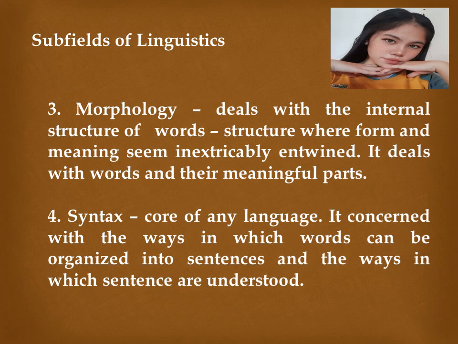So number four is syntax. Syntax is currently often seen as the core of any language, although such a prioritizing of syntax is relatively new. Syntax is concerned with the ways in which words can be organized into sentences and the ways in which sentences are understood.